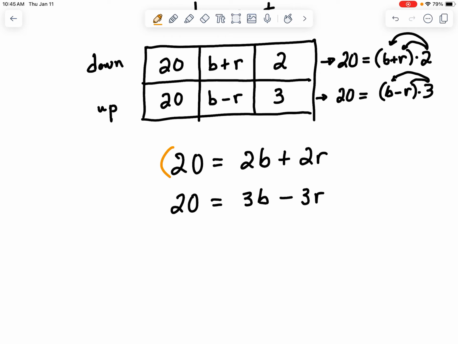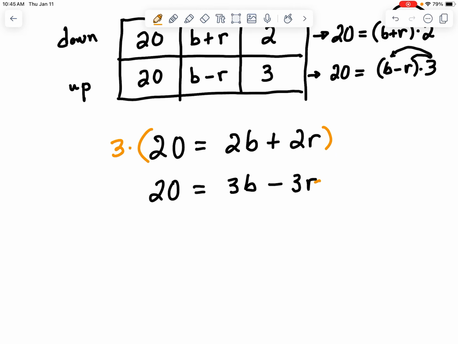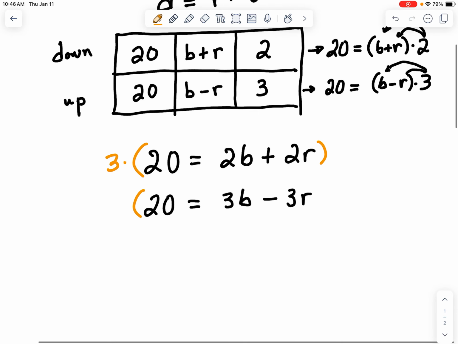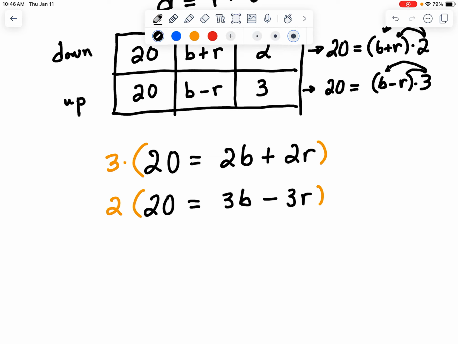So I need to multiply the top equation by 3, and to get this one to become a 6, I'll need to multiply by 2. Oops, sorry about that. I'll need to multiply the bottom equation by 2. And then back to the black pen.